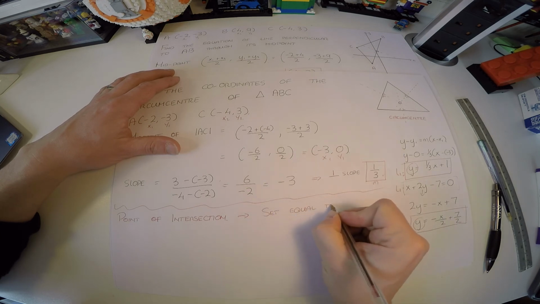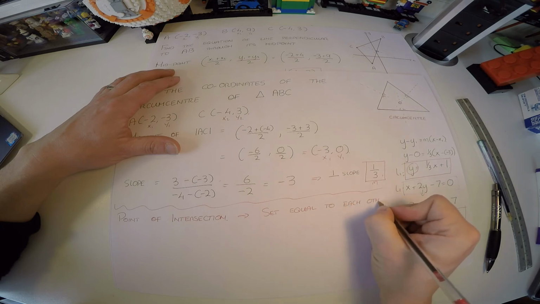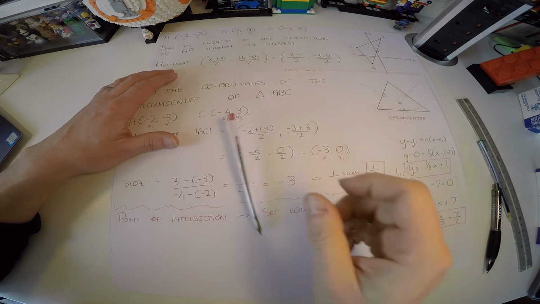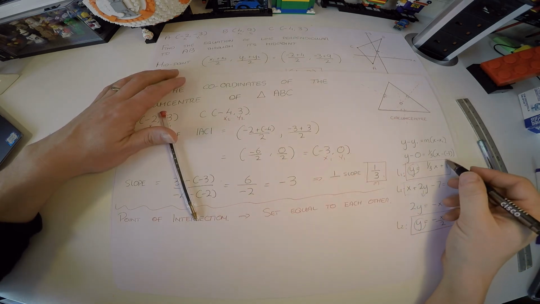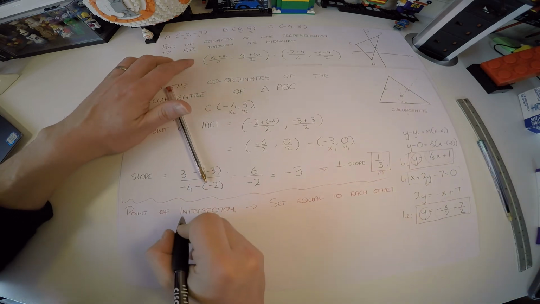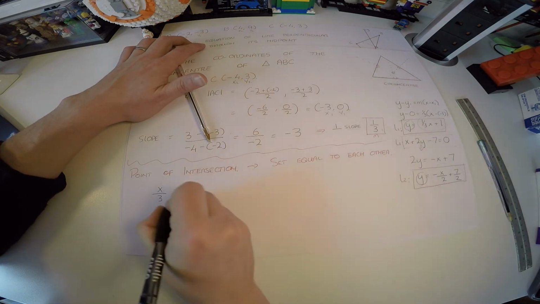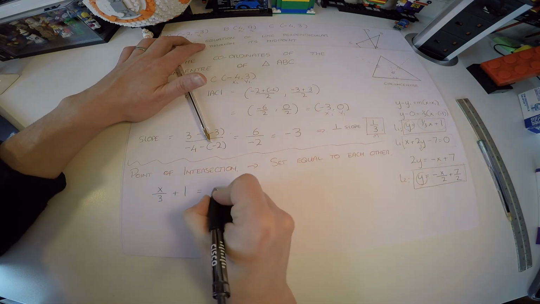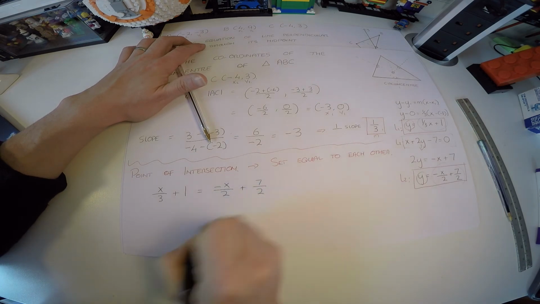So when you see point of intersection, essentially, where are they the same? Set them equal to each other. Since y is the same for both, this here should also be the same for both. So we can say a third x, well, isn't that x over 3, plus 1 equals minus x over 2 plus 7 over 2.